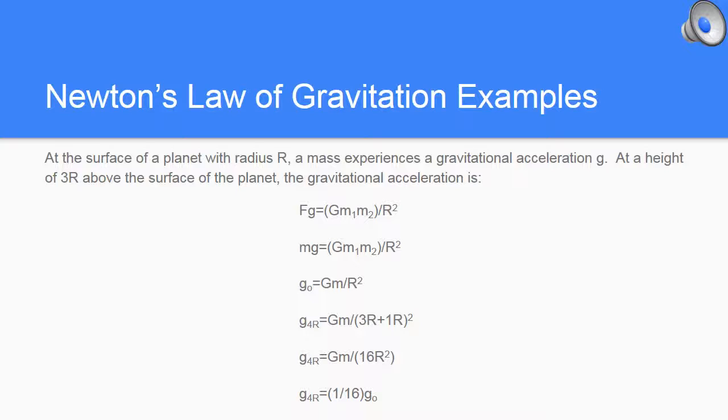And so we are going to be able to cross out the mass on the left and on the right, and we're going to be left with gravity equals the gravitational constant times the mass over r squared.